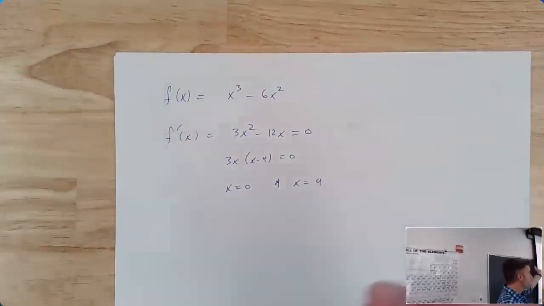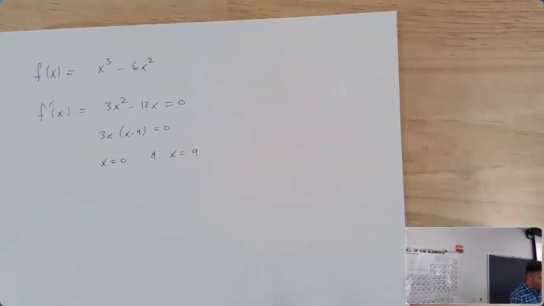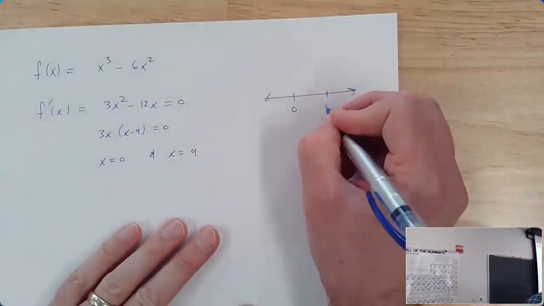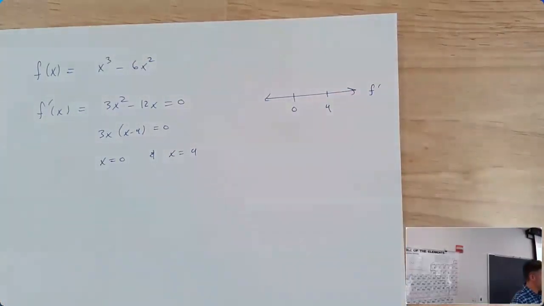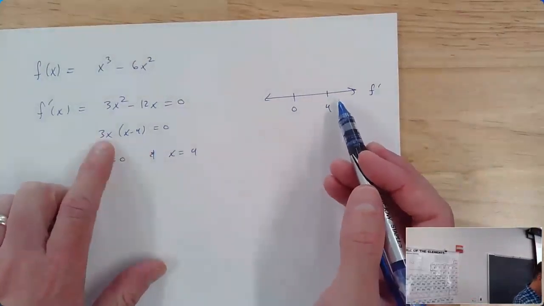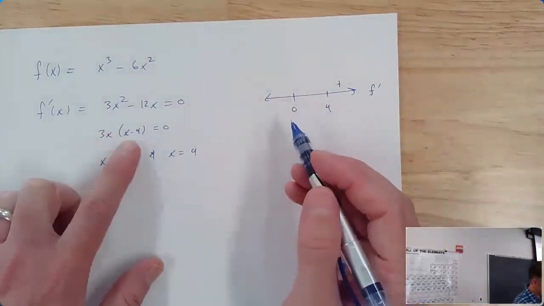One way to classify those critical points is to use the first derivative test: make a number line, put those critical points on your number line, and check out what that first derivative is doing. If I pick a number larger than 4 like 5, positive, positive. Pick a number between 0 and 4 like 2, positive, negative.